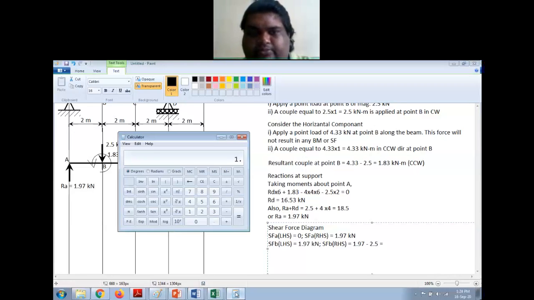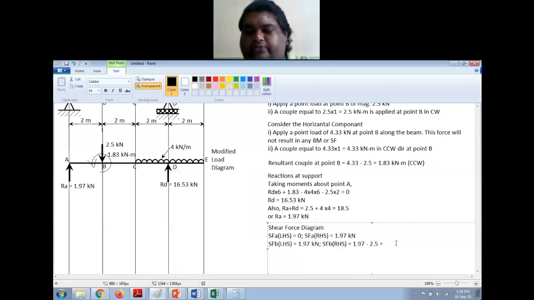So 1.97 minus 2.5 is minus 0.53 kilonewton, right? So that means it is going below the zero line. Now again between B and C there is no force, so SFC, LHS, RHS both will be same. So I'll just write SFC is equal to minus 0.53 kilonewton.